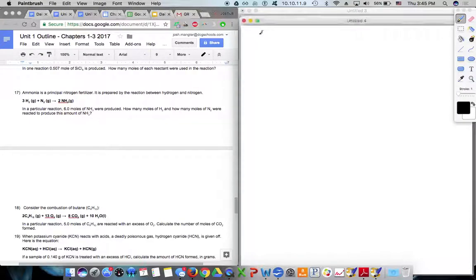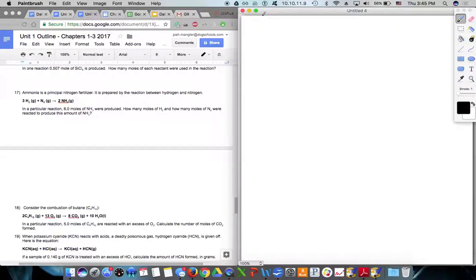So again, we're going to start here with the given information, 6.0 moles of ammonia. This is, hold on, let me start over here. Number 17, 6.00 moles of ammonia.